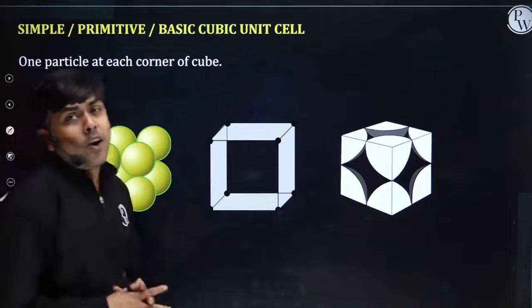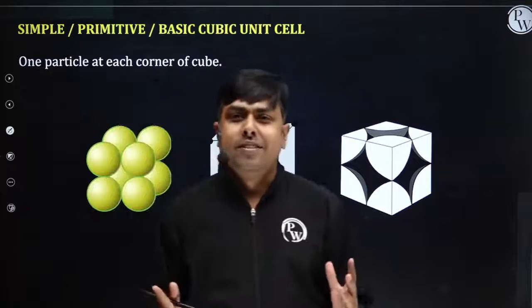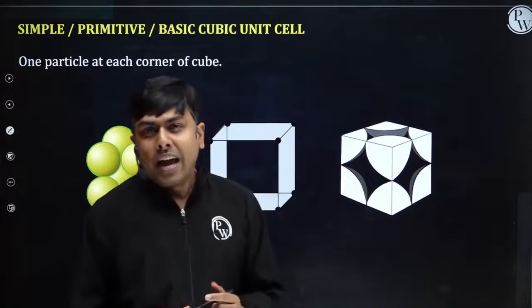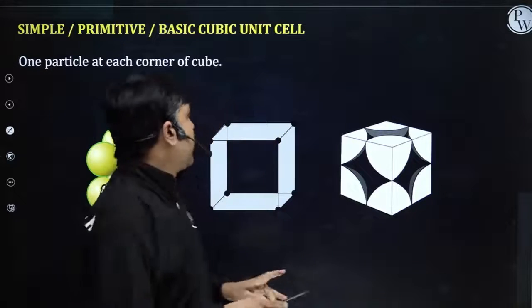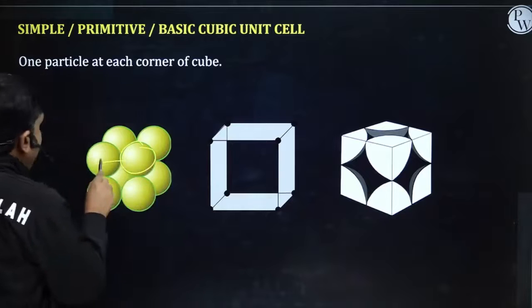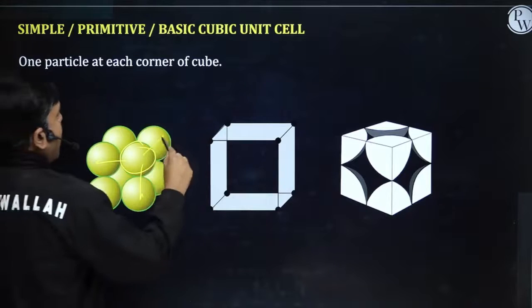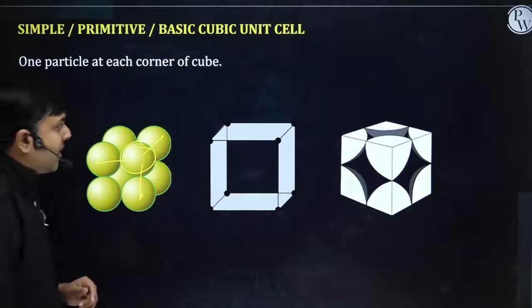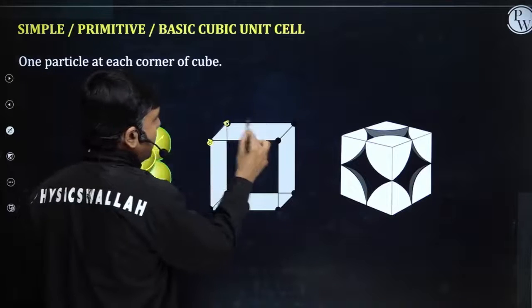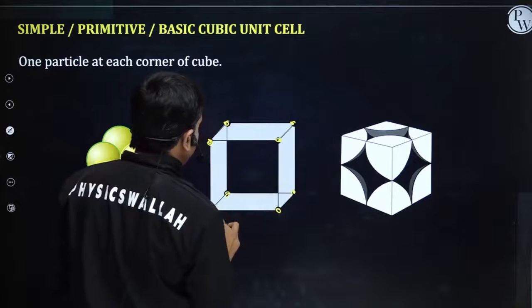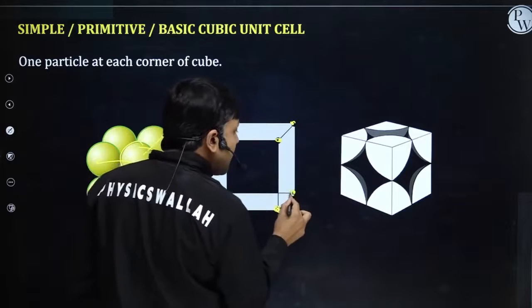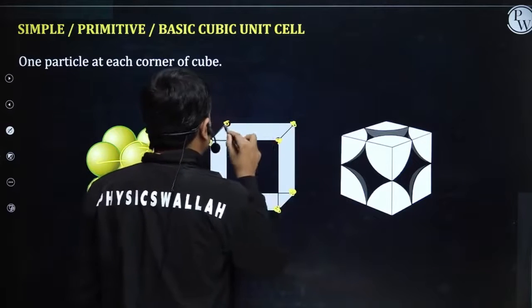Let's first of all talk about the simple cubical unit cell. Already I have told you, atoms are placed at corners in such a way that one corner atom touches the adjoining corner atoms. Atoms are placed at each and every corner of this cube. How many atoms are placed? 8 atoms.